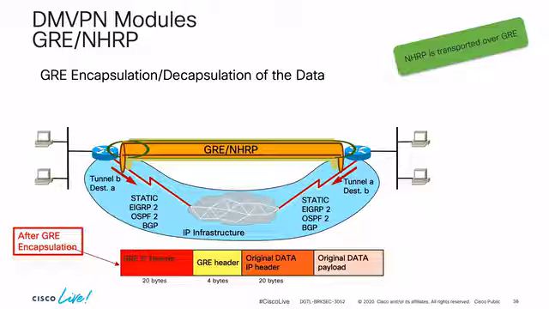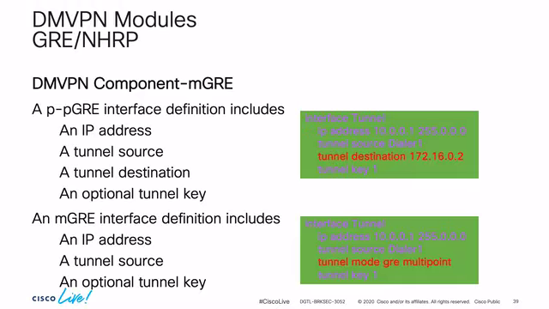So what is GRE, right? GRE is where you actually encapsulate the IP packet as a GRE packet at the source, and you decapsulate the GRE packet to get the data packet on the remote end.